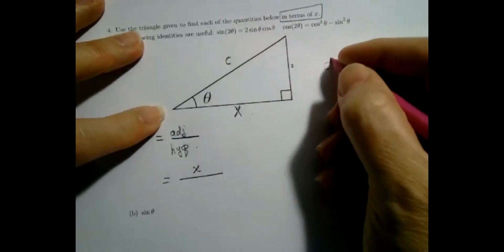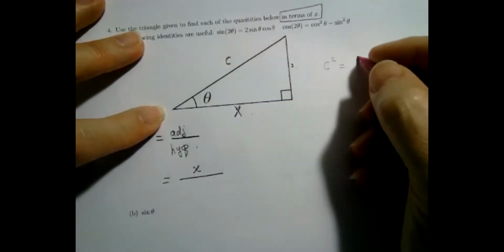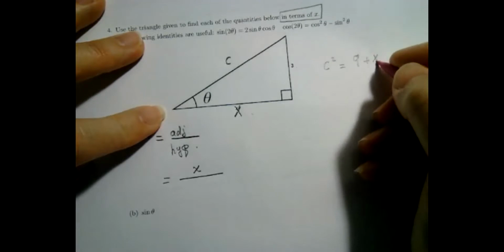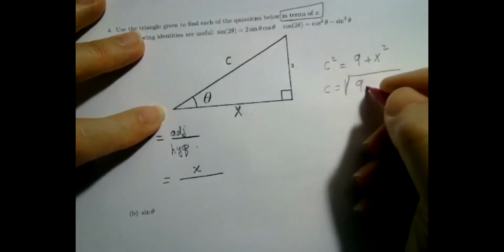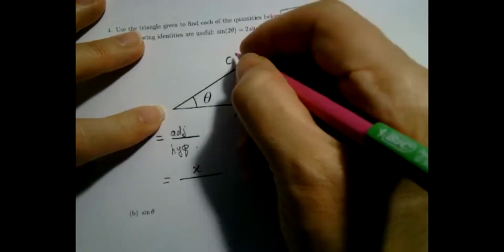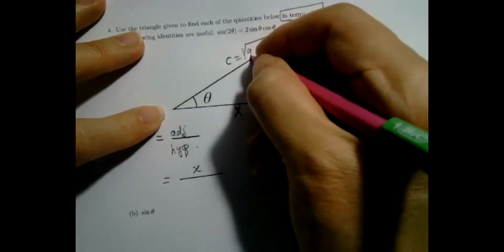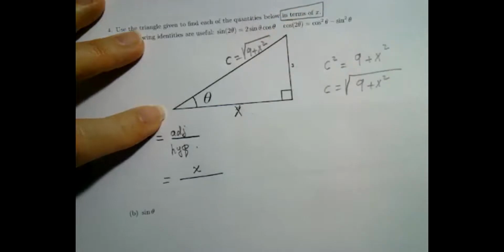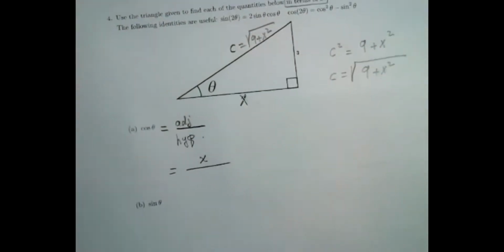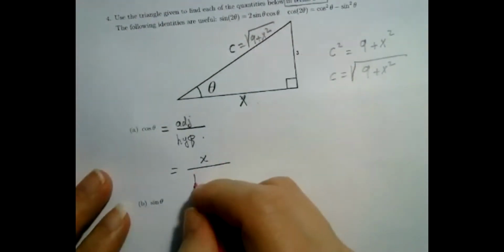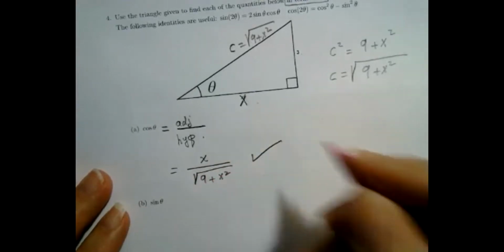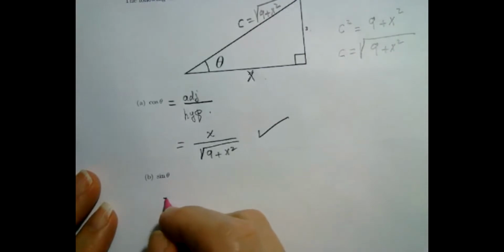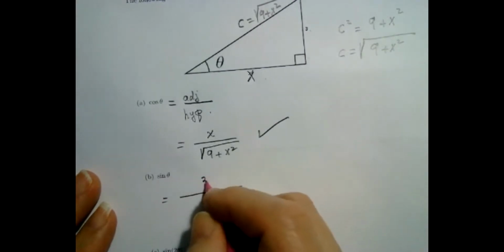So c squared is 3 squared, which is 9, plus x squared, means the hypotenuse is the square root of 9 plus x squared. With this in mind, the problem really falls apart. Now for the sine. Excuse me, I apologize.